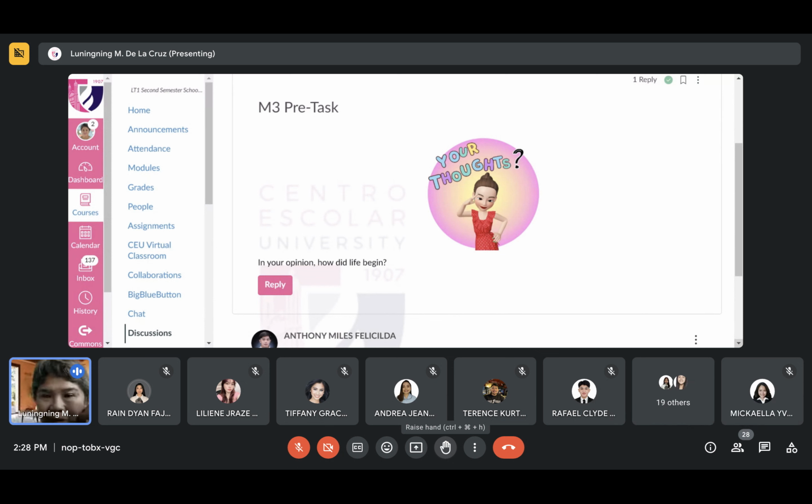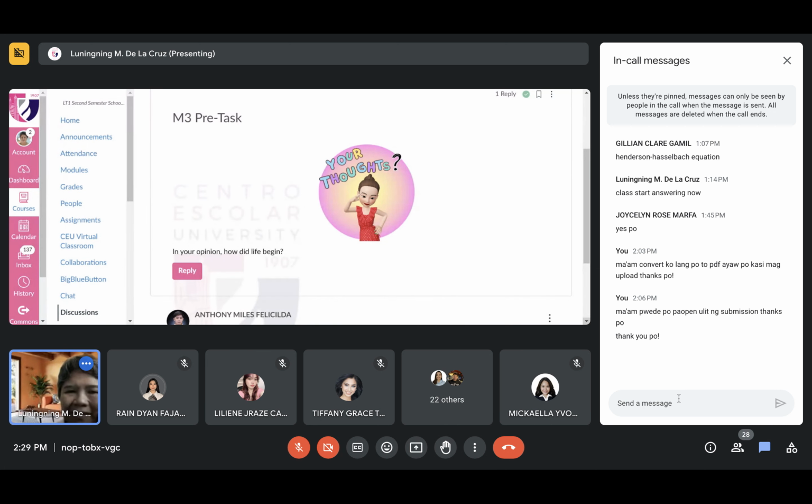Pwede bang gamitin ang chat box? Pwede ba na mag-produce ang non-living things ng isang organismo? Pwede ba yon? Ay, napagod na ba kayo?